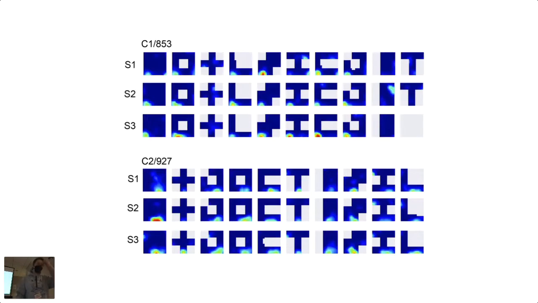And with the neural data and the animal's behavior, its trajectory, we can create our beloved rate maps, right? So here are some rate maps from a single neuron, the first neuron out of 853 neurons that were recorded across these 3 sequences.